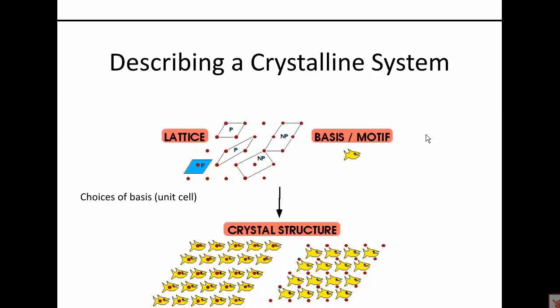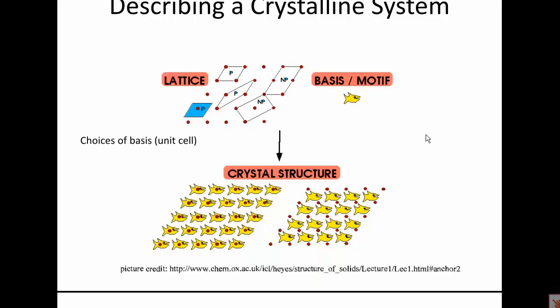How do we describe a crystalline system? The lattice is not enough. For instance, with the oranges, if we want to recreate a tray of oranges, the lattice points are not enough. The lattice points are simply a theoretical construct. We have to repeat something at each lattice point.